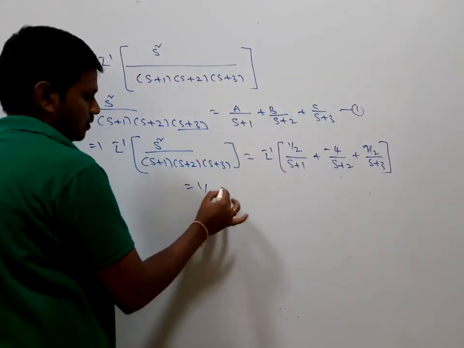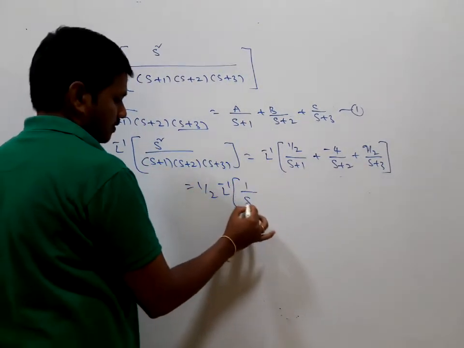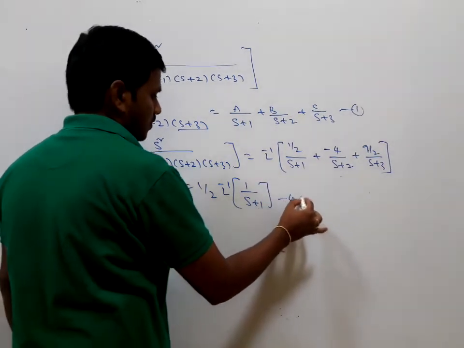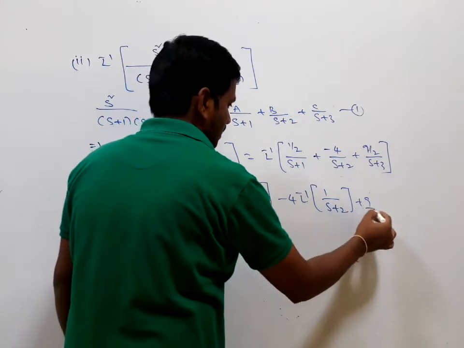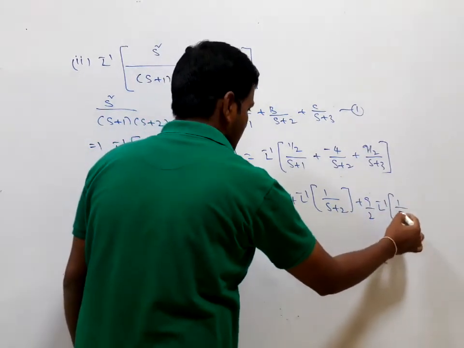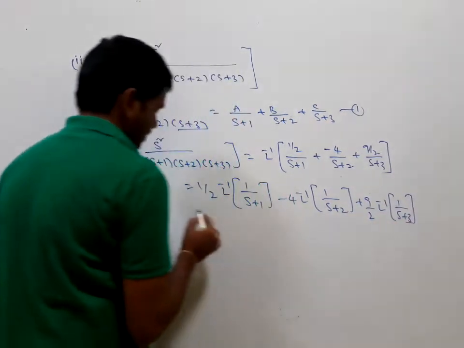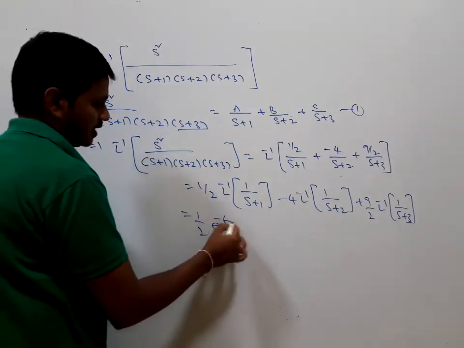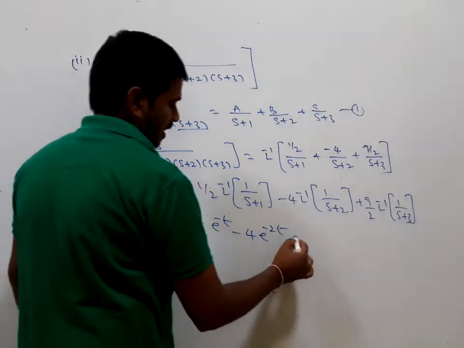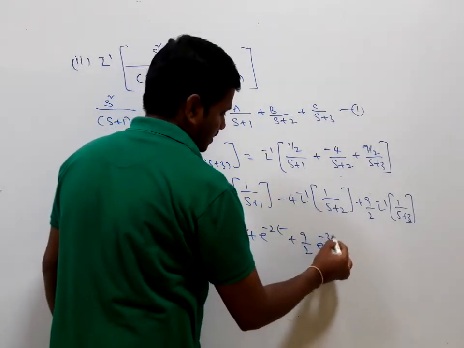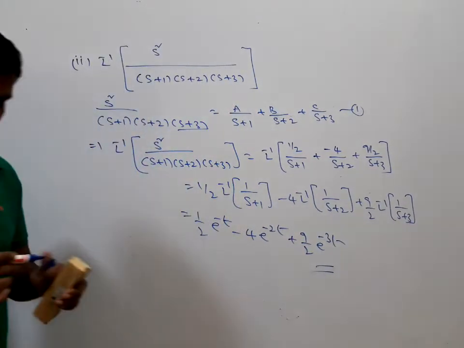Which is 1 by 2 L inverse of 1 by s plus 1, minus 4 L inverse of 1 by s plus 2, plus 9 by 2 L inverse of 1 by s plus 3. So it is 1 by 2 e to the power of minus t, minus 4 e to the power of minus 2t, plus 9 by 2 e to the power of minus 3t. This is the inverse Laplace transform.